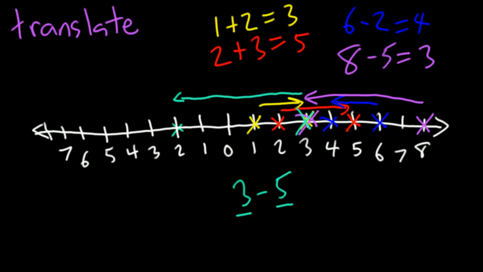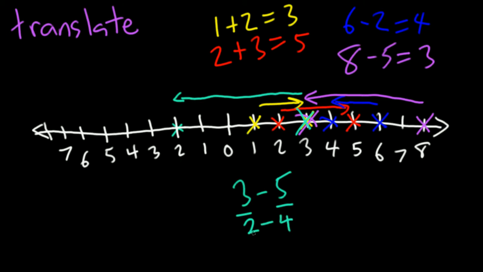Well, maybe if we look at our numeric, our arithmetic version of this down here, this might give us a clue as to how we could represent this. Now, how could we simplify this expression, 3 minus 5? One way we could simplify it would be by changing it to 2 minus 4.